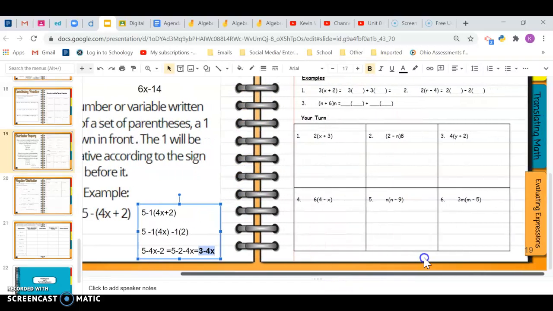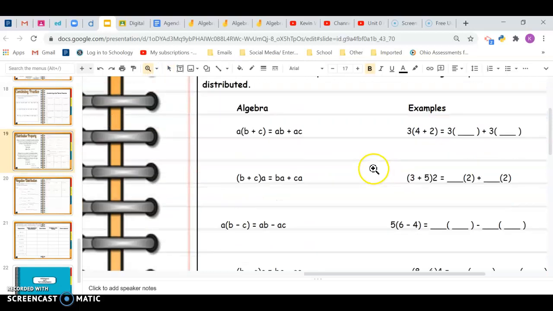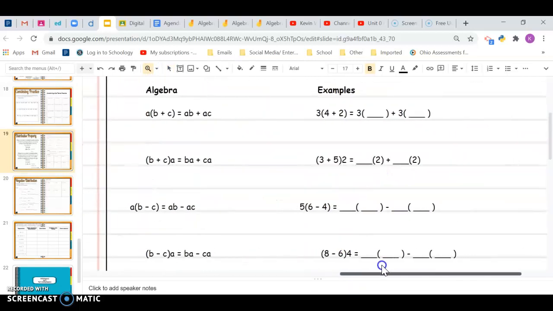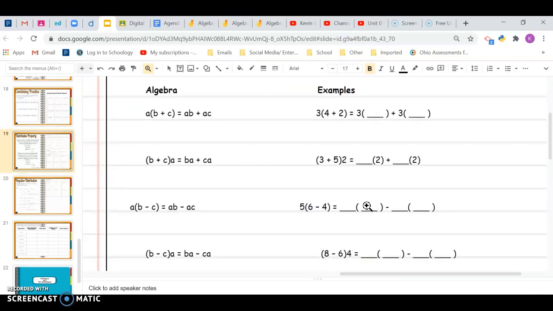So we got a couple other examples here that we're going to take a look at. So let's look at this chart over here. I'm going to zoom in on this a little bit so you guys can see. So we're doing the distributive property using a couple of these examples here.